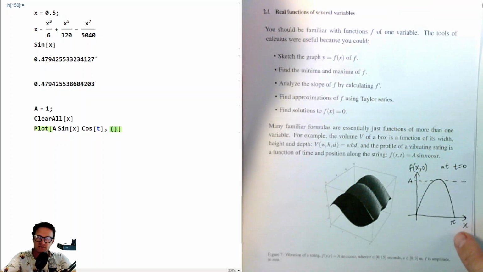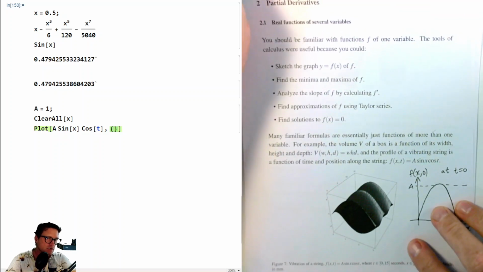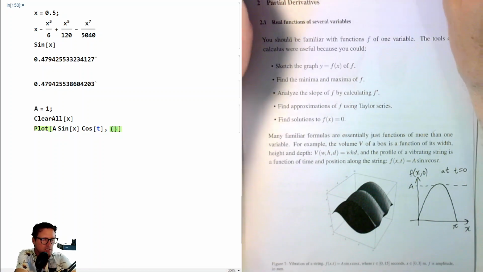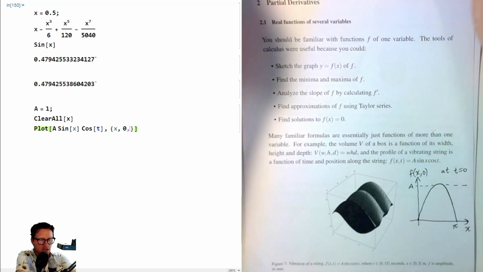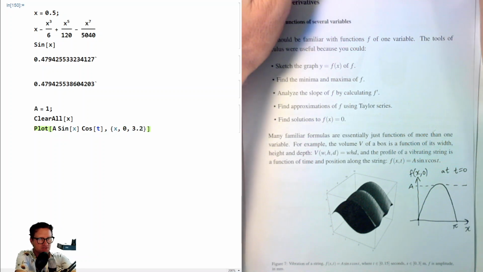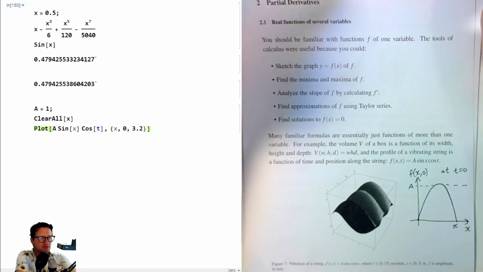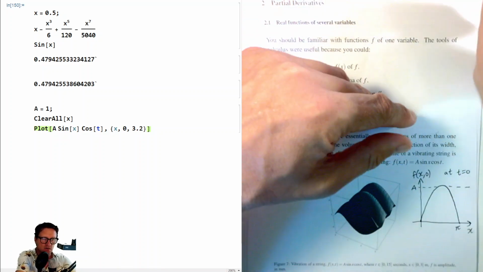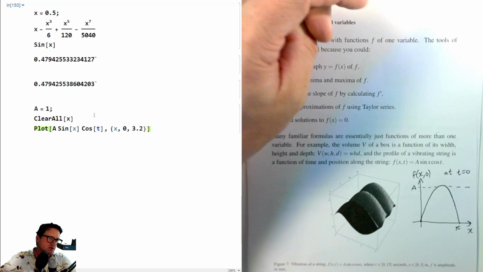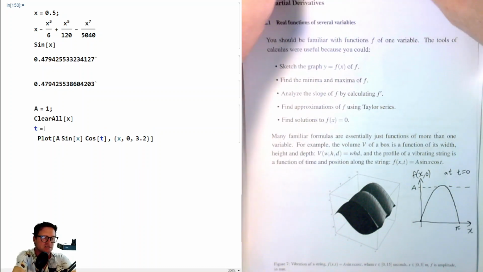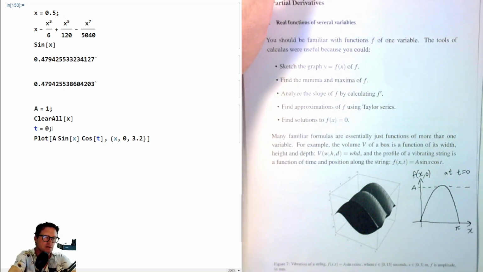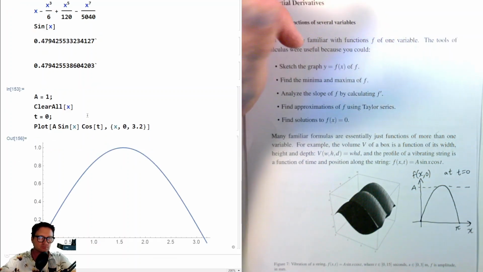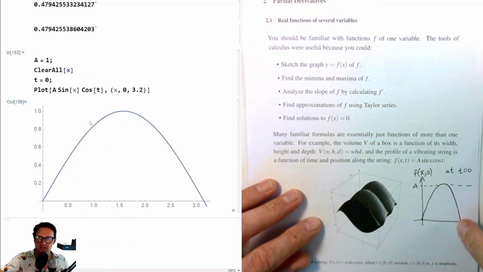Now pi is 3.14 or so, so let's plot this between 0 and 3.2. All right, but you see t is in blue. Okay, so if I were to put t equals 0, then I could plot this, and you see I have something that looks like what I have here.